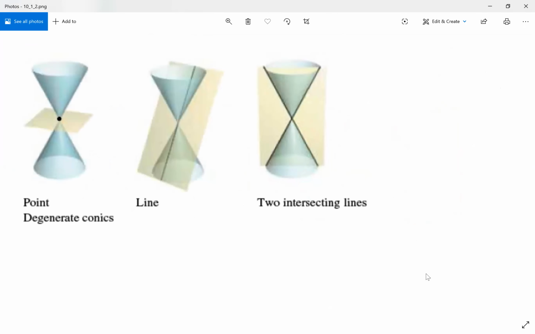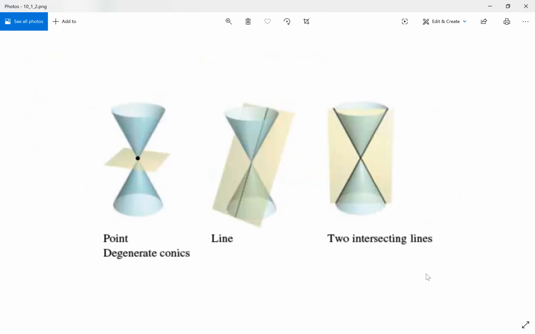These are the degenerate conic sections. These are the conic sections where the plane passes through the point where the 2 cones intersect. So you see you can get a point, a line, or 2 intersecting lines. These are what are called the degenerate conic sections.